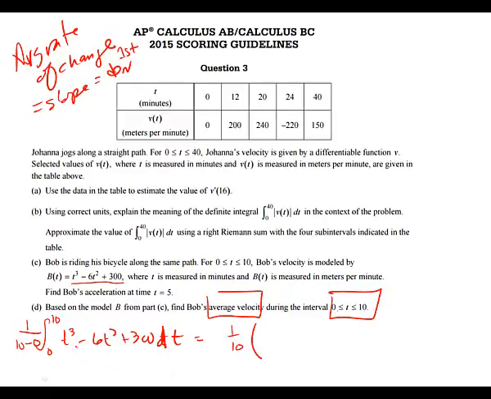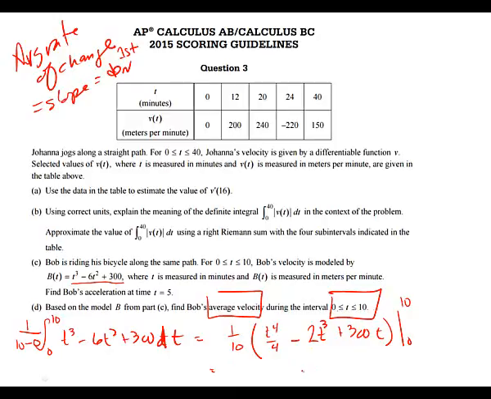When we integrate t cubed, what do we get? T to the 4th over 4 minus what? Divided by 3, which is really 2t cubed, right? Plus what? Plus 300t. And we're going from 0 to 10.